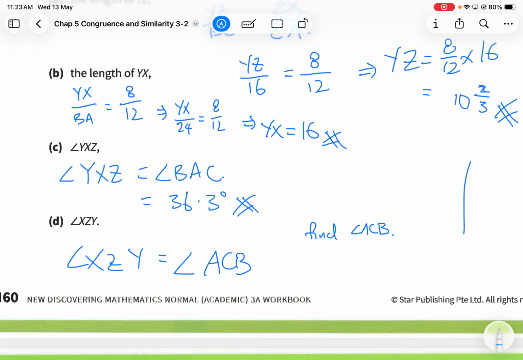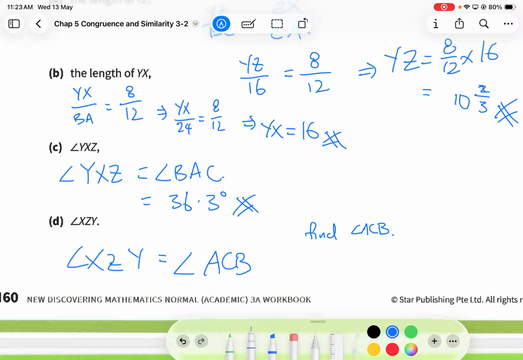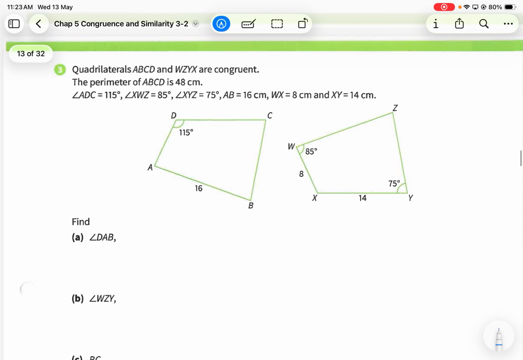Hey, once you know what the question is asking, it is not that difficult. Lettering, fourth one, first one, second one.